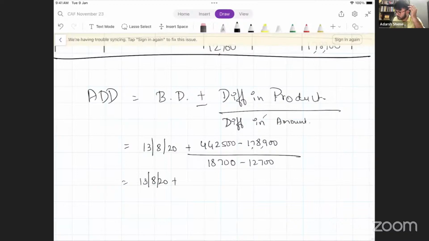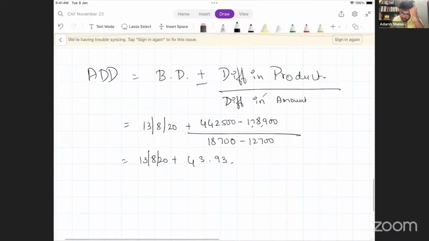What would be our answer? You get 43.93, which will be 44.